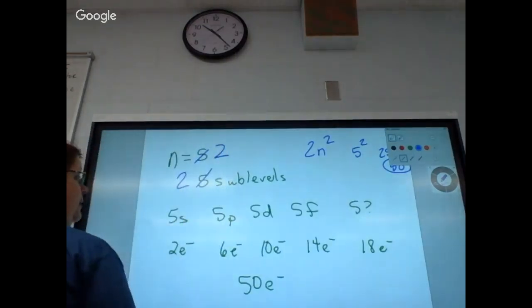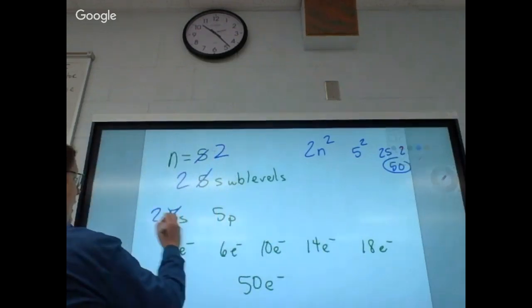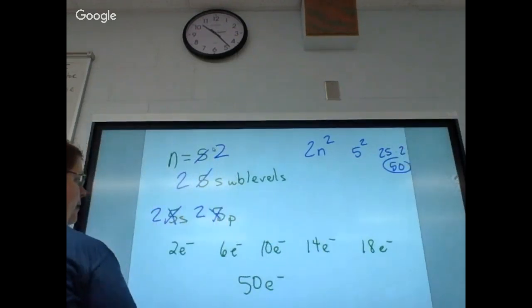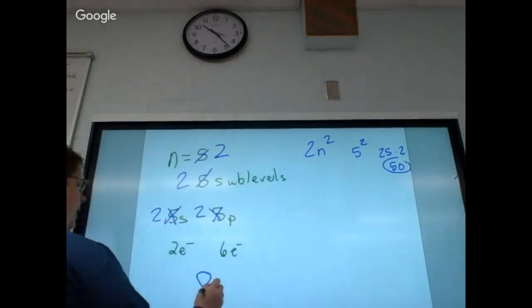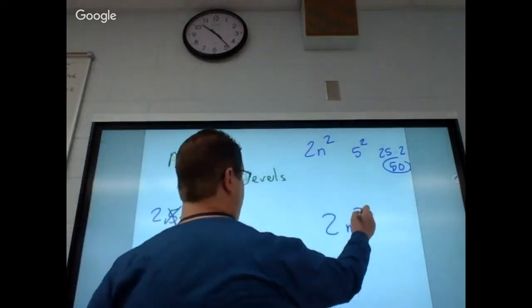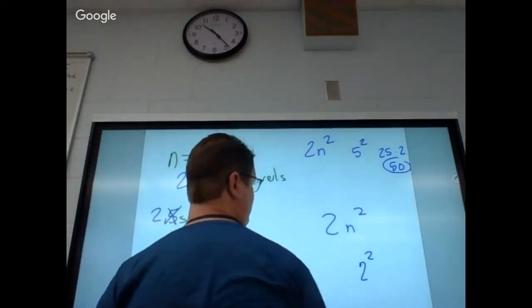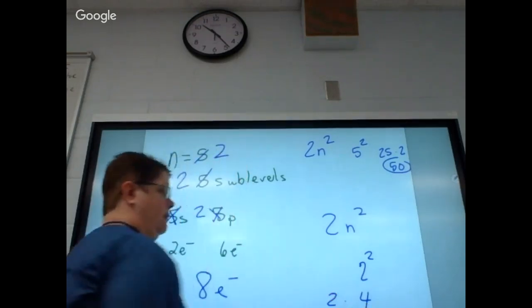What are their names? We have 2S and 2P. 2 plus 6 is 8. Or you could have said 2n squared. 2 squared is 4. 4 times 2 is 8.